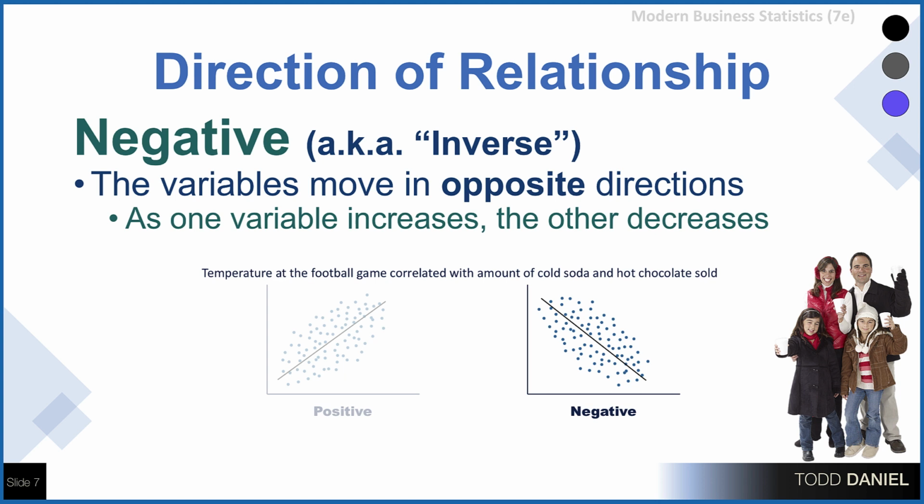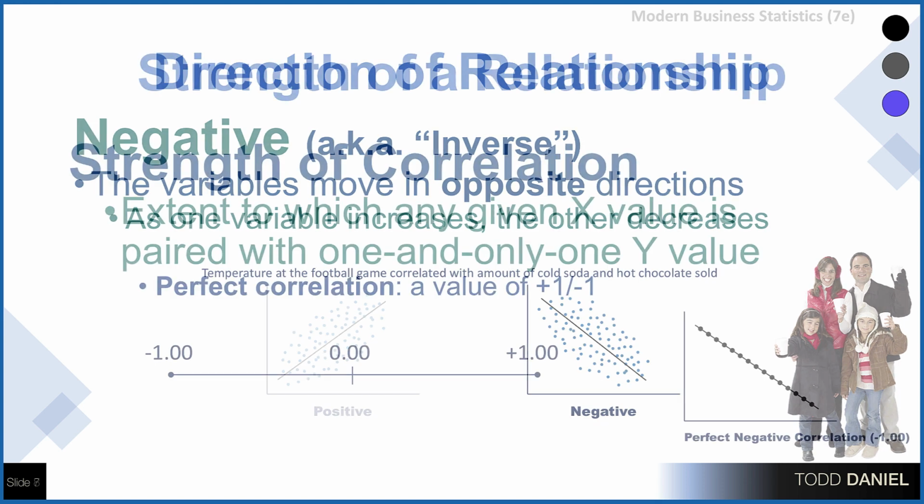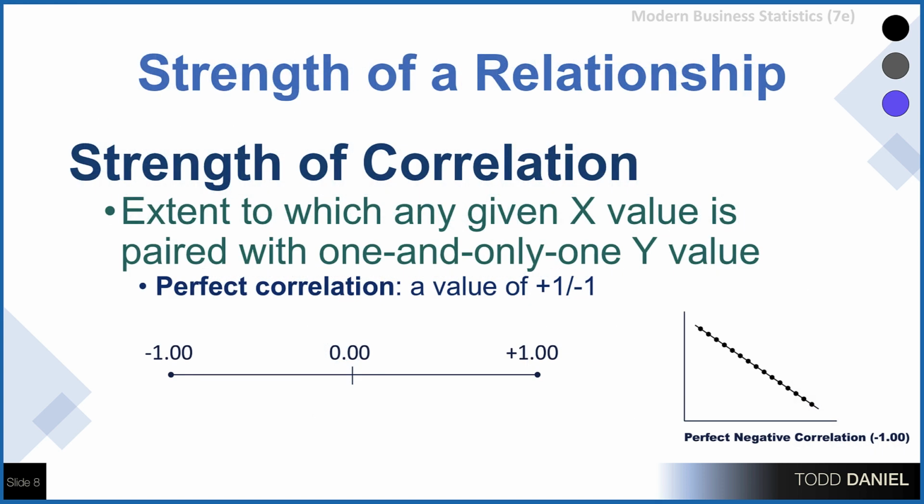So now, at a football game, when we are working the concession stand, as temperatures increase, the amount of hot chocolate that we sell decreases. But as temperatures get colder, then the amount of hot chocolate sold increases. Those two variables move in opposite directions.